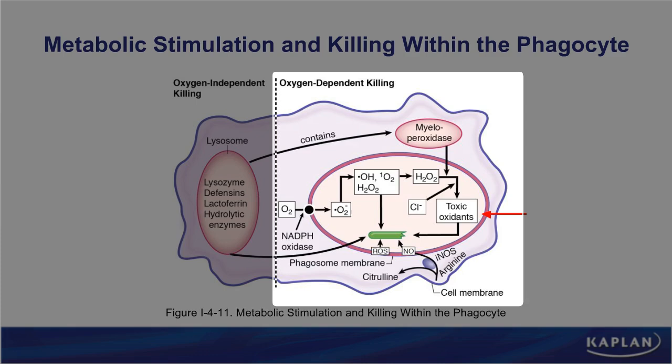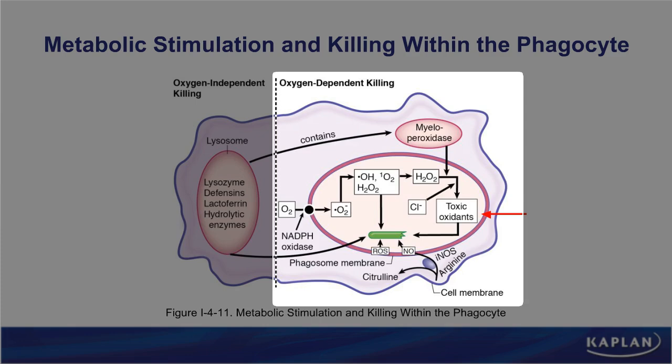So the oxygen-dependent killing mechanisms that you see here are really essential to this killing. And like I said before, and we're going to say it probably a million times because it's very high yield, unless you have a pathogen that can escape these killing mechanisms in some way, shape, or form, like mycobacteria, listeria, legionella, to name a few, they are going to die within the phagosome.